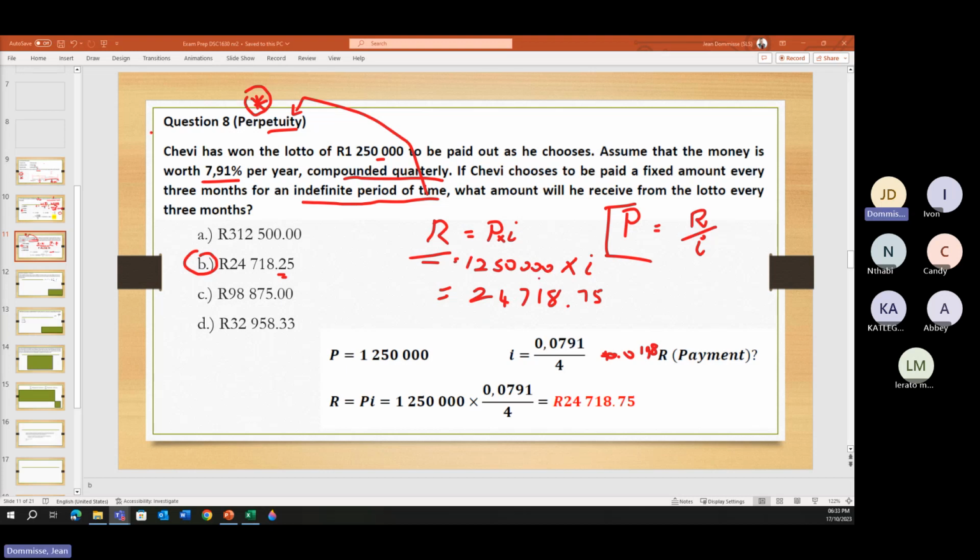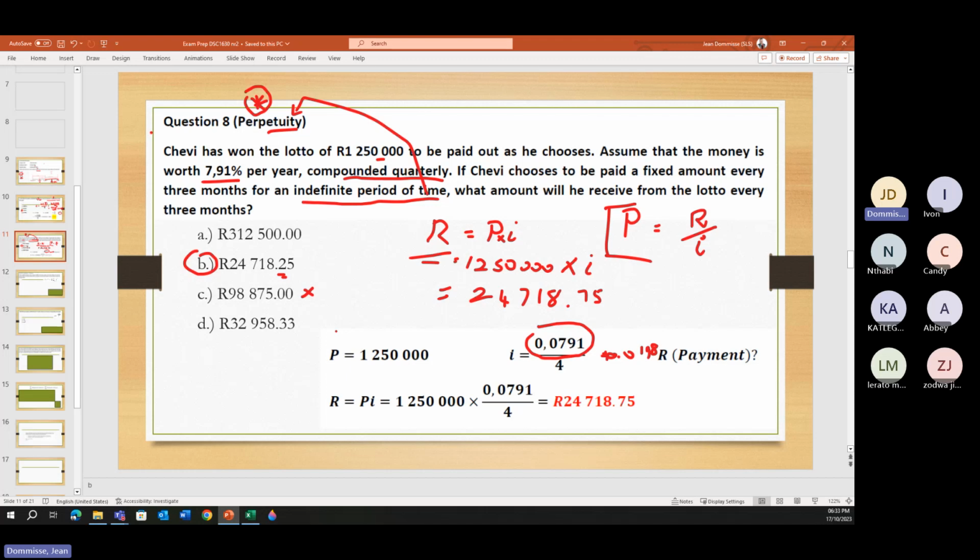Okay, so just quickly, I want to check: if we said the 1.25 million times the interest rate of just 0.791, would it have been our answer? Yes. So if we used that as our interest rate and multiplied it by 125,000, we would have gotten that as your answer.